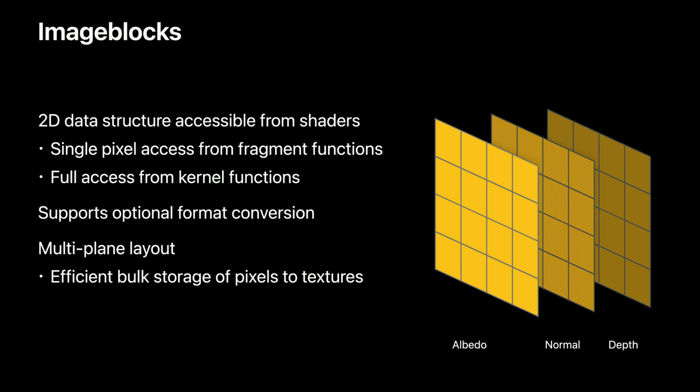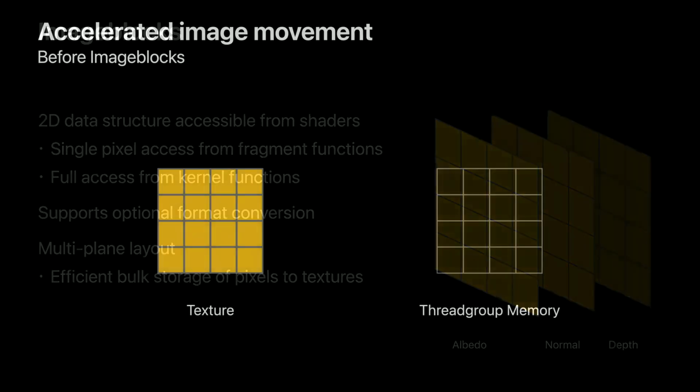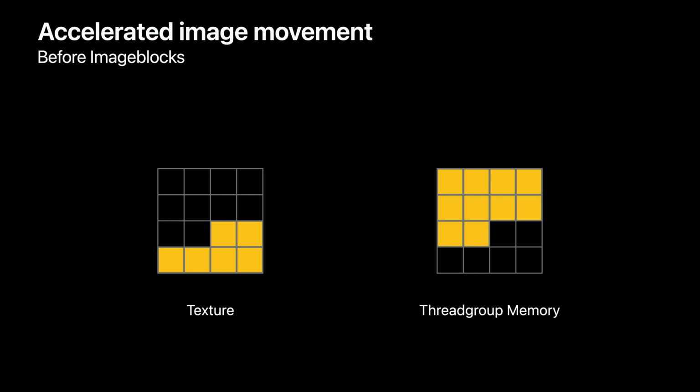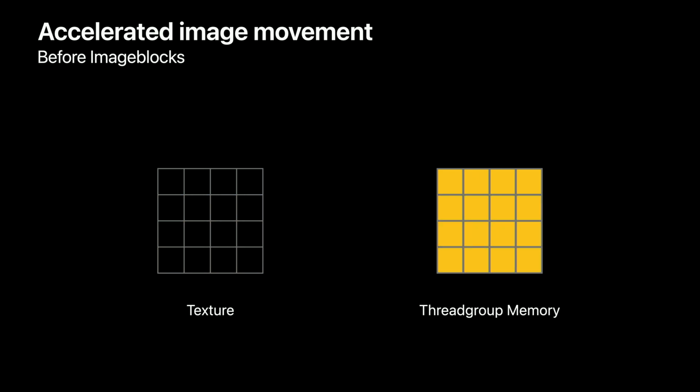An image block is a 2D data structure in tile memory. It has width, height, and pixel depth. It can be accessed by both fragment functions or kernel functions. Using this structure explicitly also has some efficiency gains. Prior to image blocks, you probably moved your textures into threadgroup memory one pixel at a time.